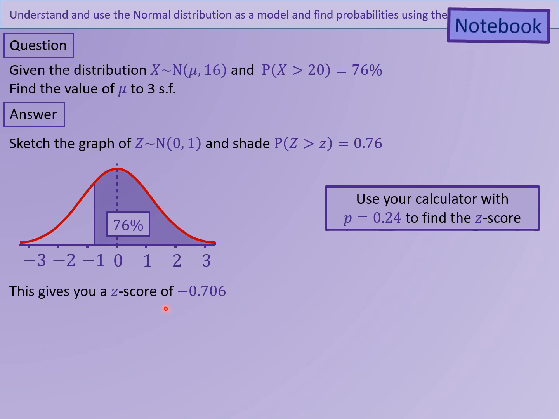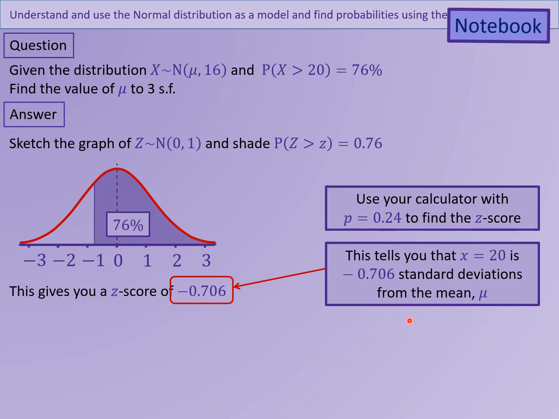Now, once we've got that z-score, we can use the z-score formula, the one I just mentioned. The z-score formula looks like that: x minus mu divided by the standard deviation. We've got the standard deviation. We've got the z-score. We've got an x value because it was the 20 that we used to get that. And we don't know what the mean is.